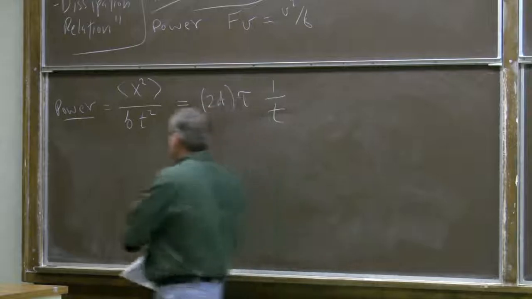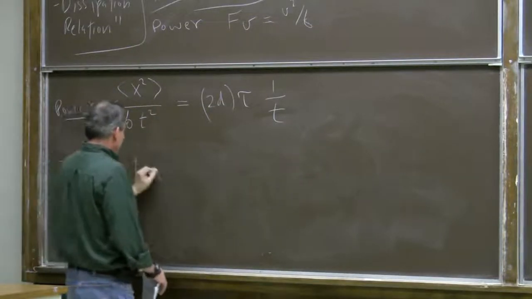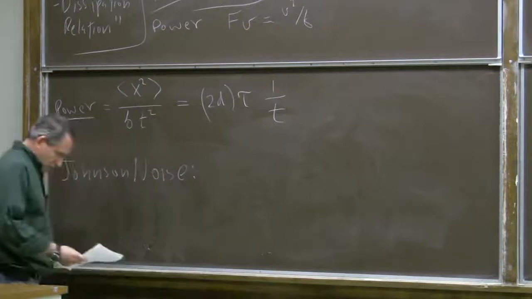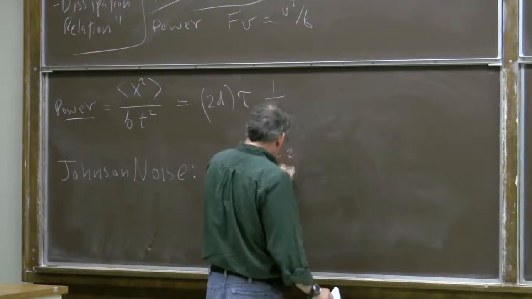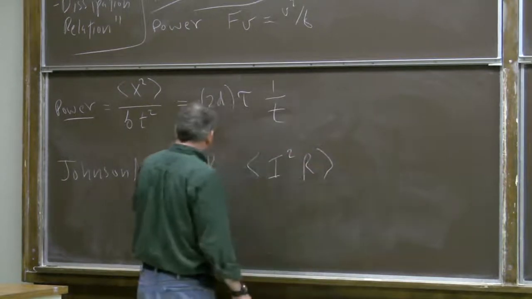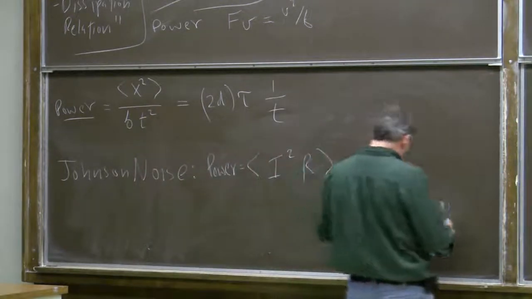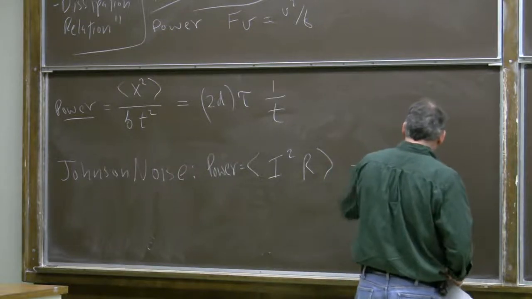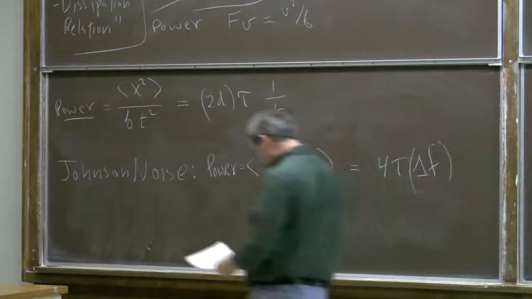So this is analogous to the case of Johnson noise, in which, according to Nyquist's formula, the power is I squared R, and that's 4 times the temperature times the frequency band in which we're watching the fluctuations of the current or the voltage. Okay, so if you like, some characteristic time of observation for the fluctuating current.